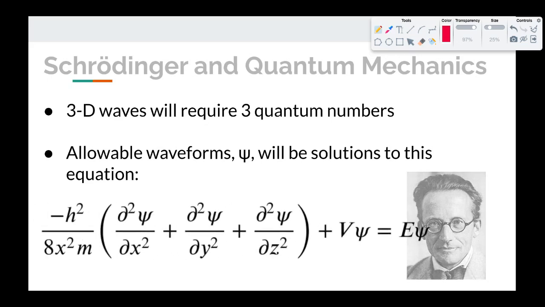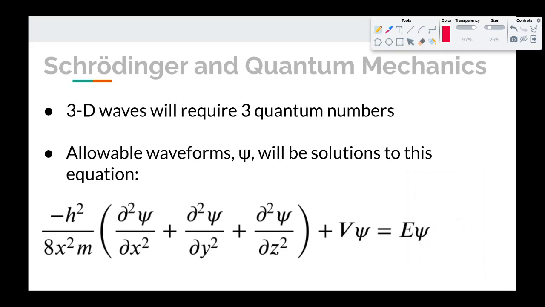So what Erwin Schrödinger comes up with is he makes the same equation that Bohr did, kinetic energy plus positional energy is equal to total energy, but he does it for a wave, and he does it for a 3-dimensional wave. So what he comes up with is this equation. This is an example of something called a differential equation.